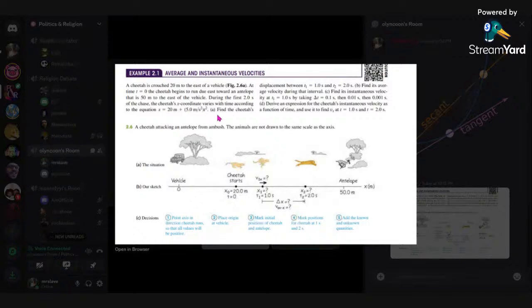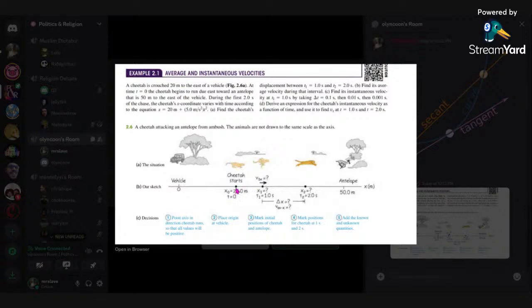Okay, that's good. So A: find the cheetah's displacement between t1 equals 1 and t2 equals 2. So how much distance did the cheetah cover between 1 second and 2 seconds? At 1, where was it?